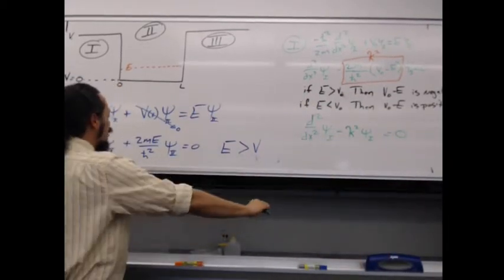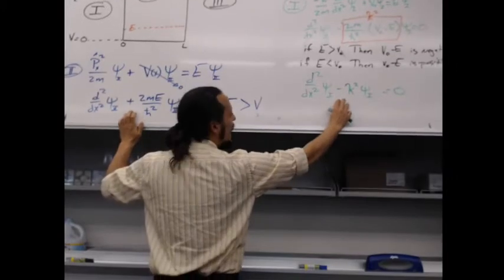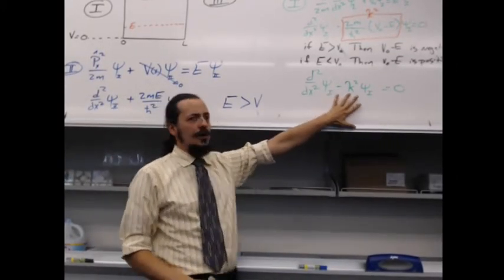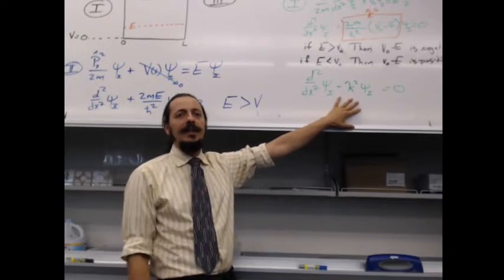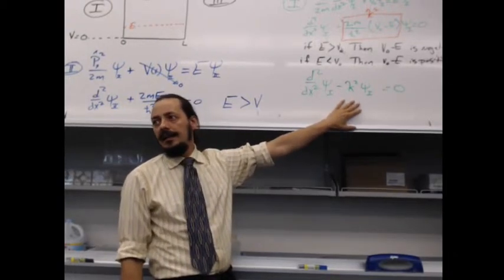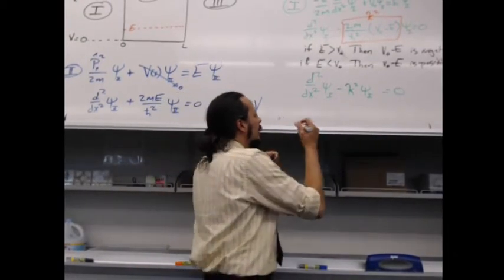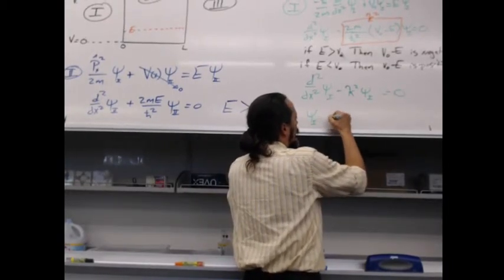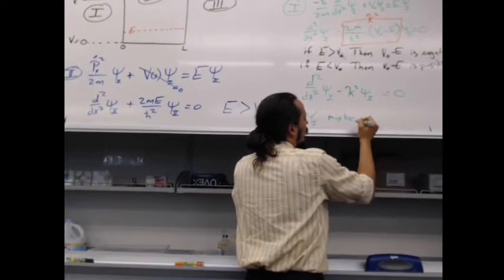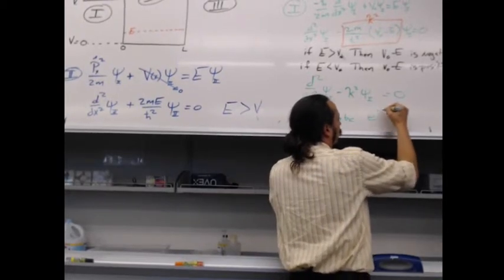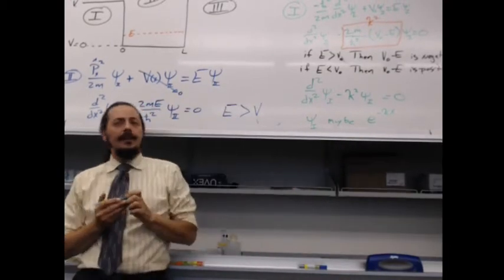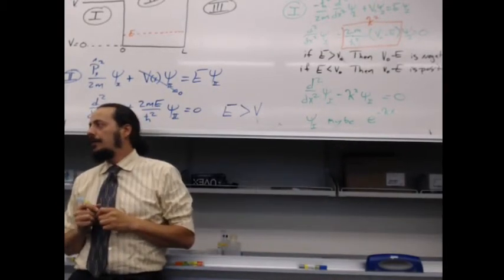This change from the positive to the negative is going to make it so the solutions here are not sines, cosines, e to the ikx. It's just going to be stuff like e to the negative kappa x.